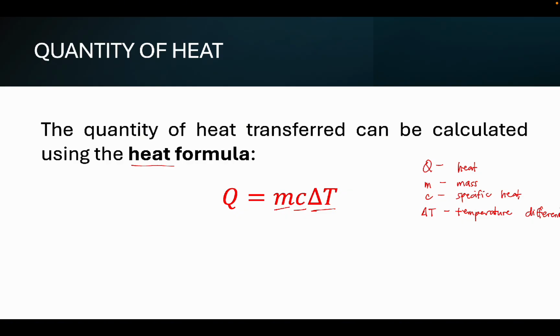Okay, now how about their units? The unit for heat, for Q, is joule or joules. For M, we have kilogram. Those are basic units. And for C, the specific heat, we have joules per kilogram times Kelvin.